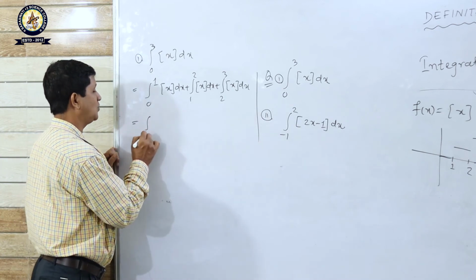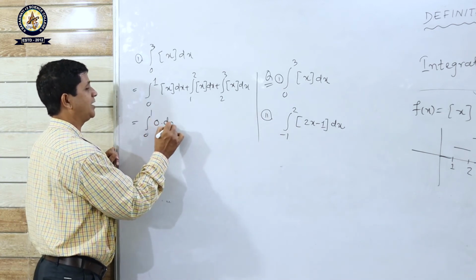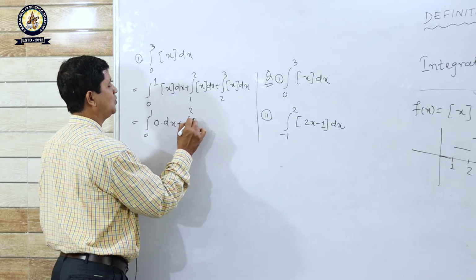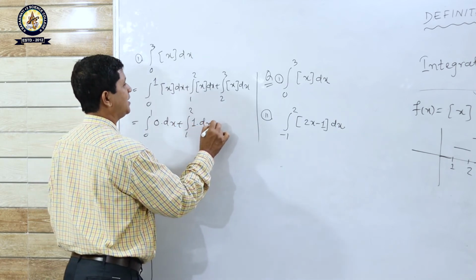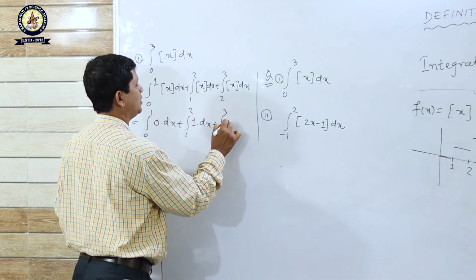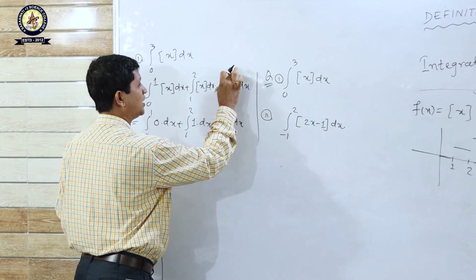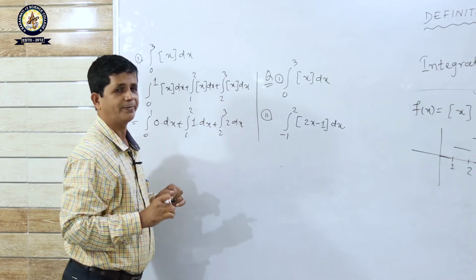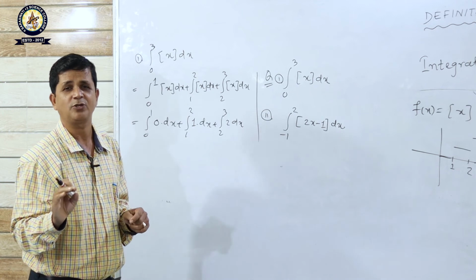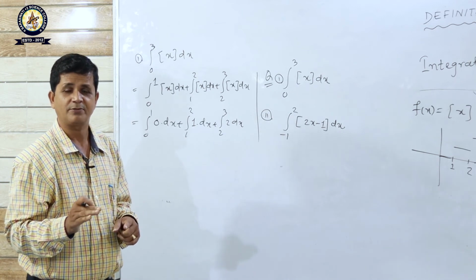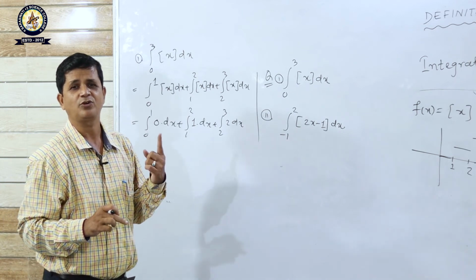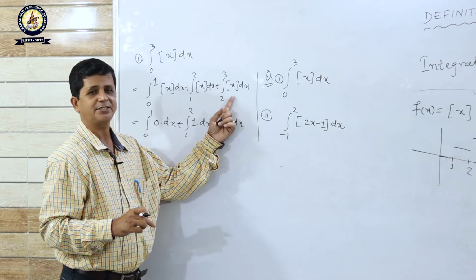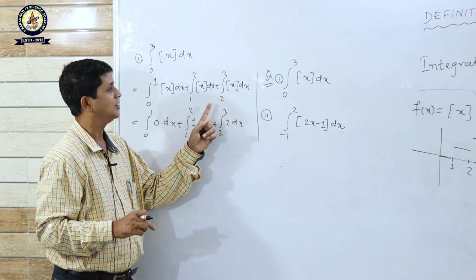So it is 0 to 1, 0 into dx, 1 to 2, 1 into dx, 2 to 3, 2 into dx, because 2.3, 2.7, 2.9, 2.4, all these numbers have the constant greatest integral value 2. So in place of the greatest integer, we write 2, the smallest value.